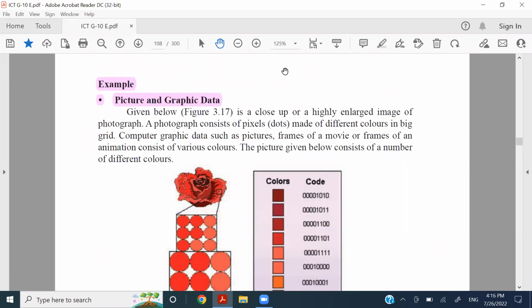In a picture, there are many different colors.